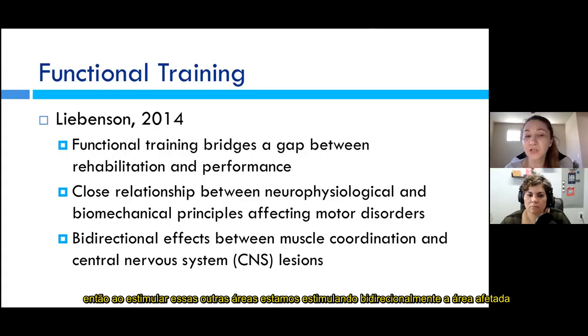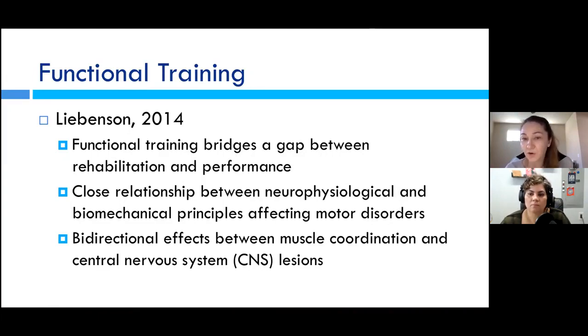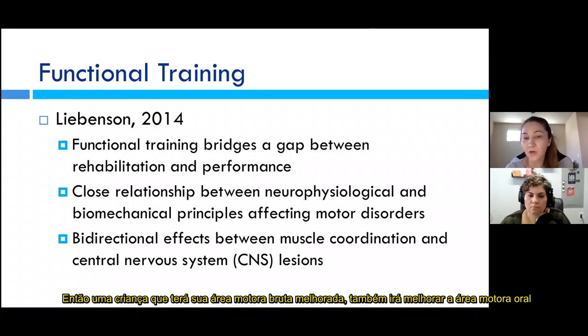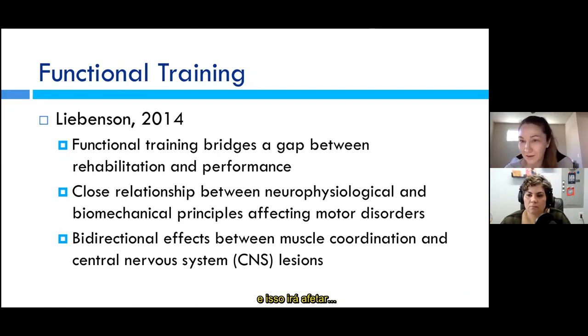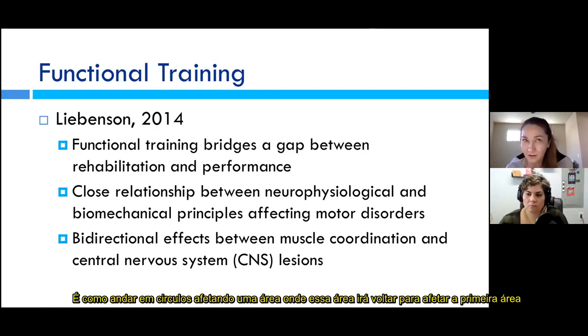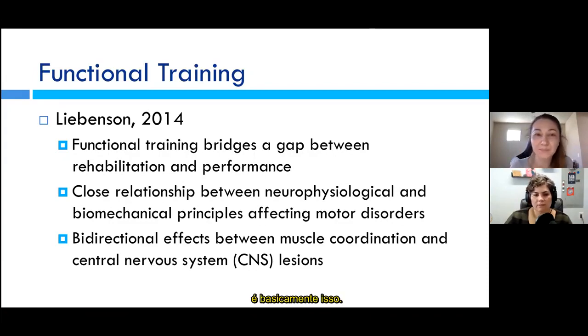So by stimulation of those other areas, we bidirectionally stimulate the affected area. So a child who has his or her gross motor area improved is going to also improve the oral motor area, which is going to improve central nervous system functioning, and that is going to affect the first area. It's like going in circles, pretty much. Okay, I understand.